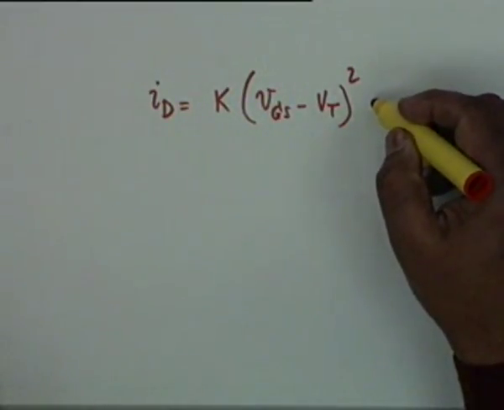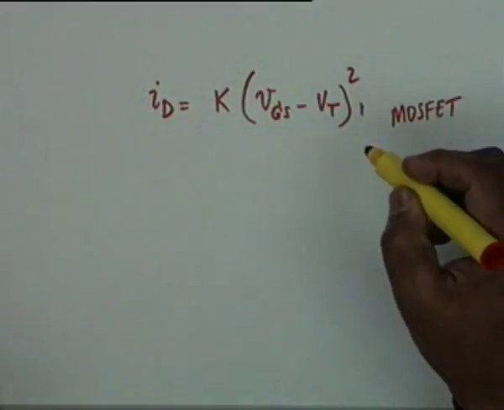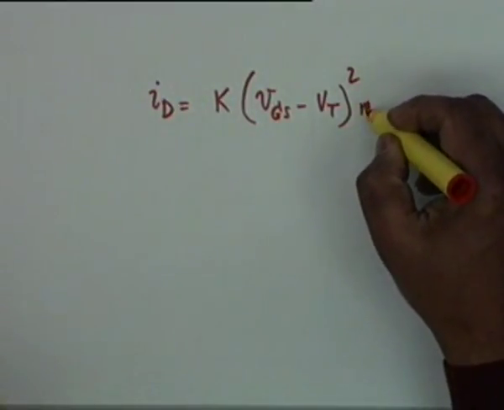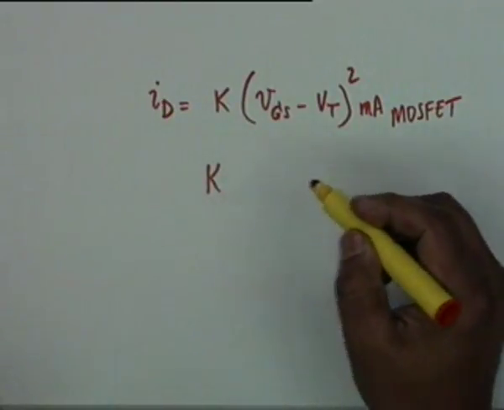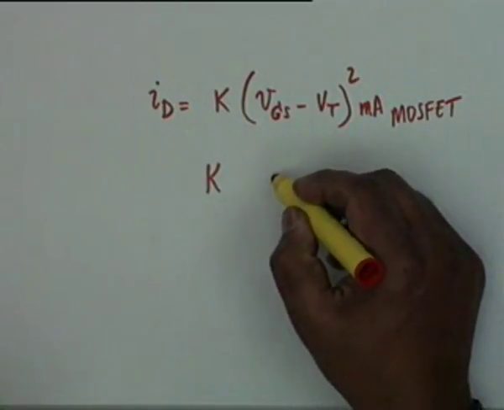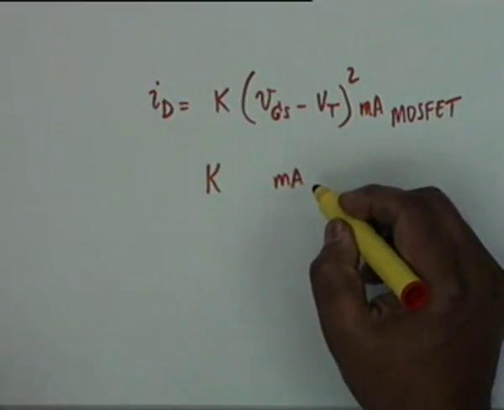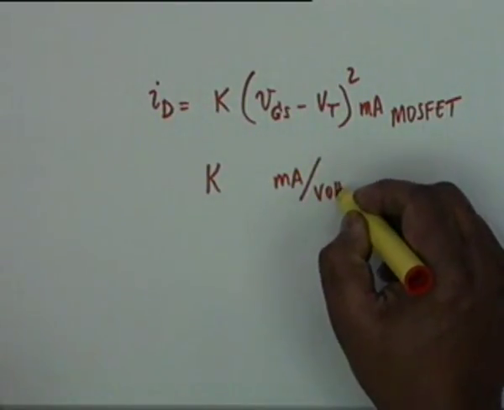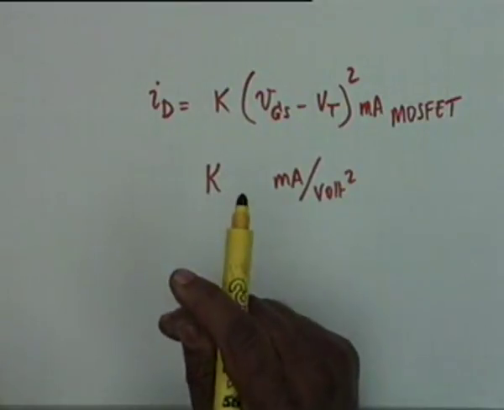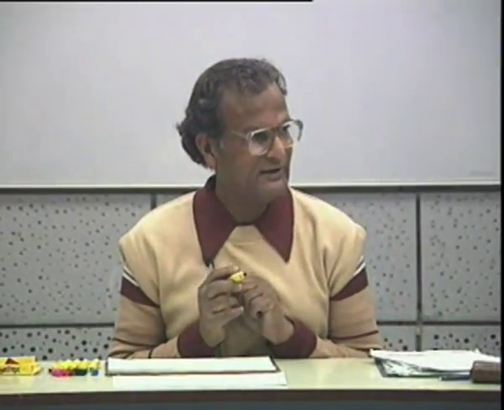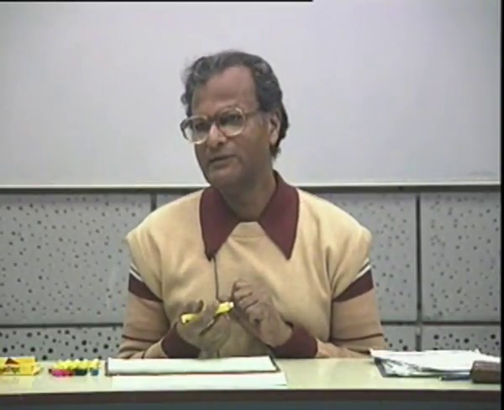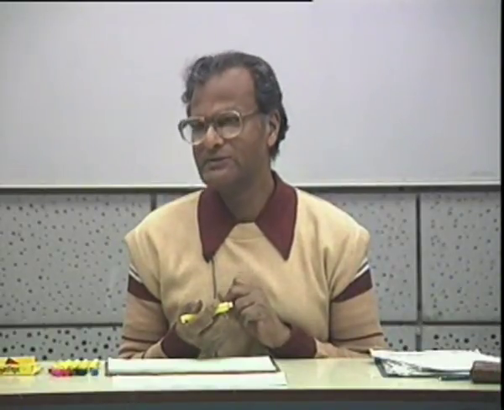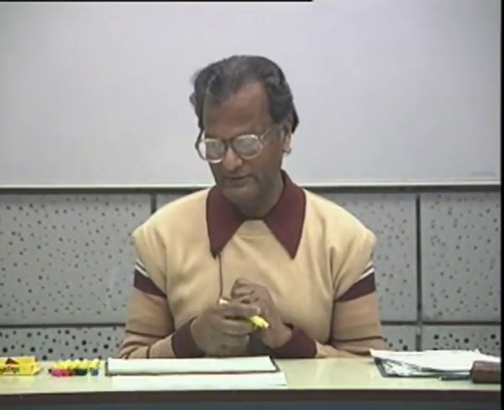Obviously this is in amperes or milliamperes, usually in milliamperes. The constant K, the dimension shall obviously be milliamperes per volt squared. When there is a problem on MOSFET, usually the value of K shall be given. If it is JFET, the value of IDSS, that is the drain current under saturation conditions for VGS equal to 0, shall be given.